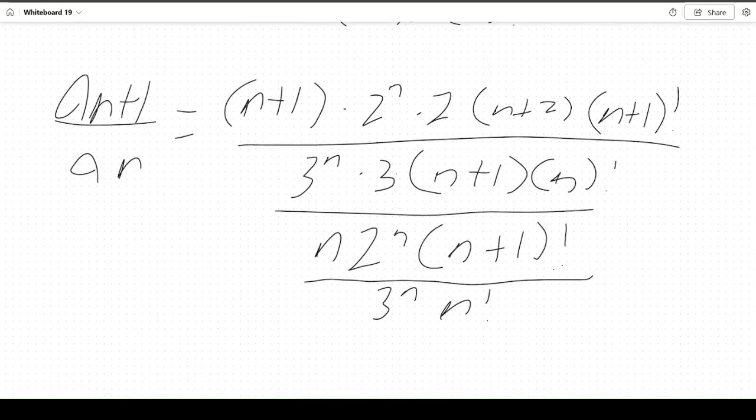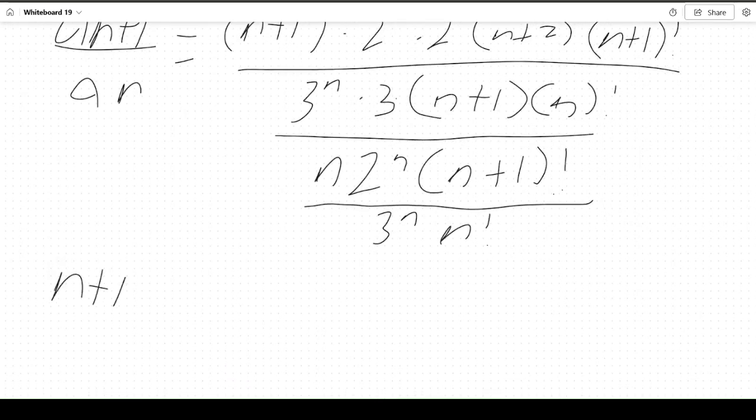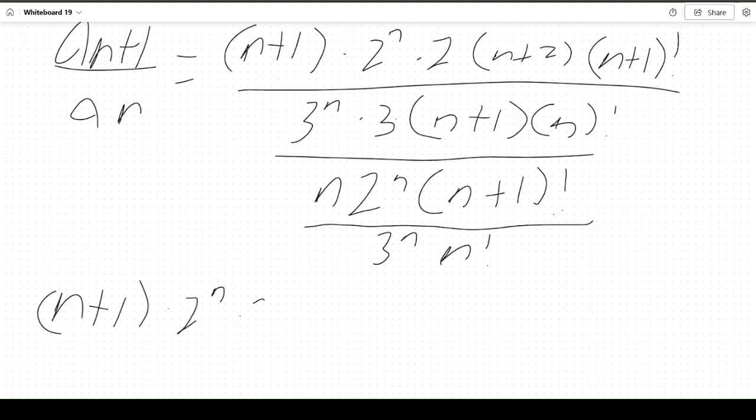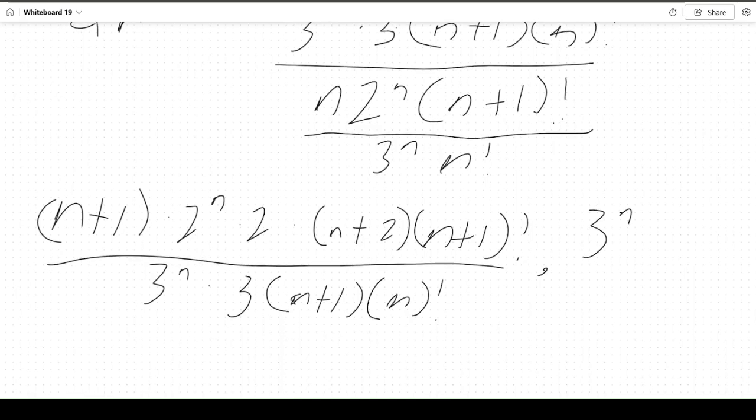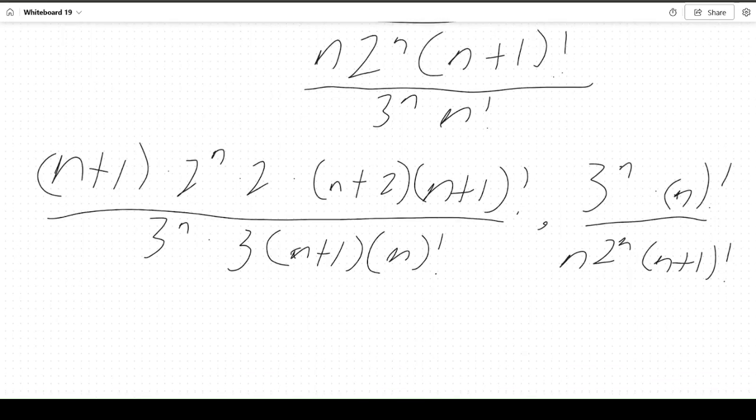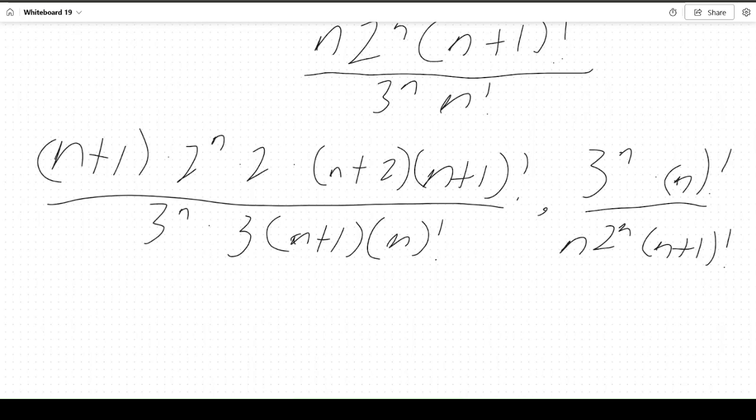All to do now is multiply by the reciprocal. So we have all the stuff we needed.